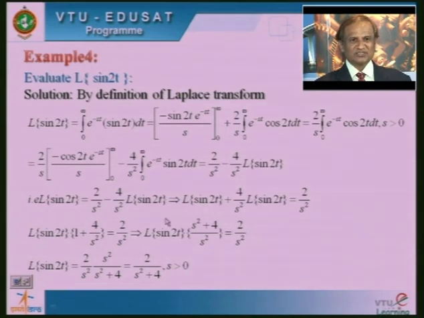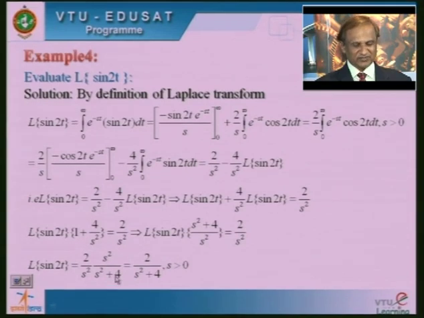From these two terms, you can take out the Laplace transform of sine 2t. So what we will get is 1 plus 4 by s square times the Laplace transform of sine 2t is equal to 2 by s square. Taking the LCM and simplifying, the Laplace transform of sine 2t is equal to 2 by s square into s square divided by s square plus 4.